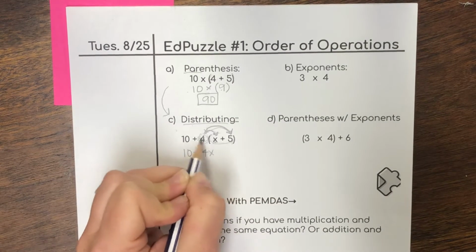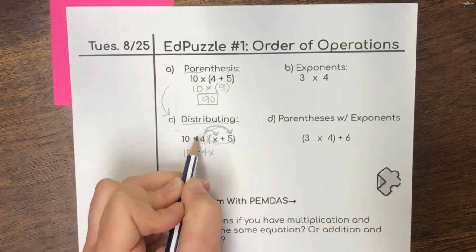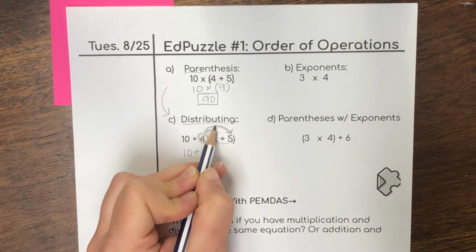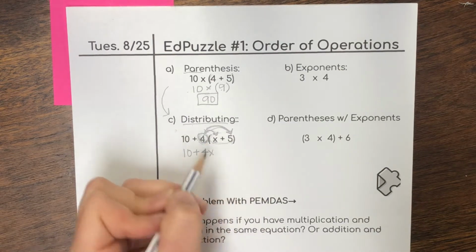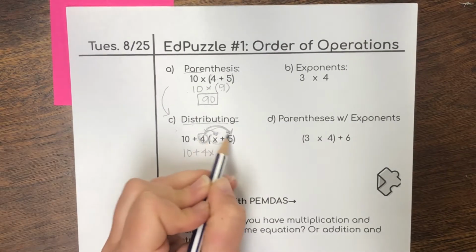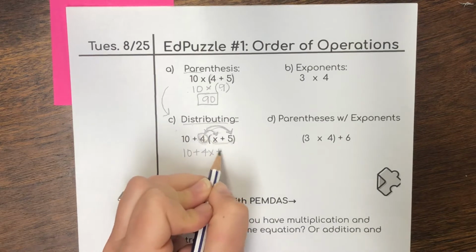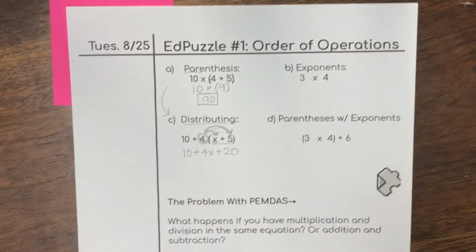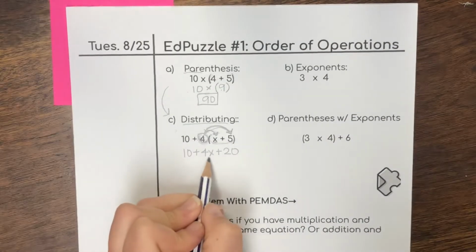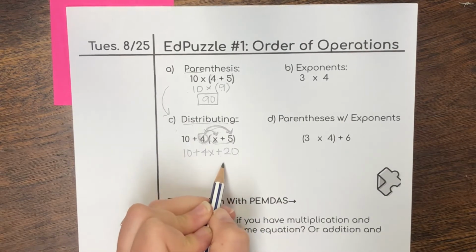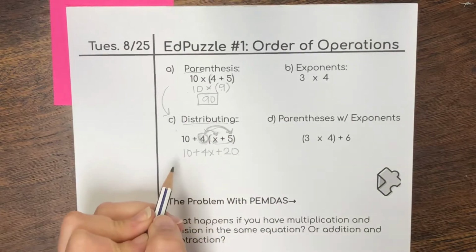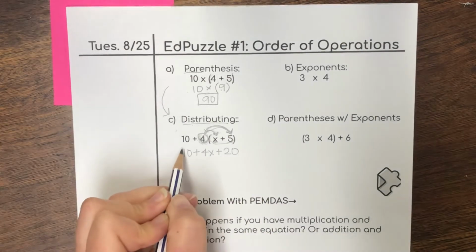It's like saying we have 4 x's. And then we're going to multiply 4 times the second number inside the parentheses. Positive 4 times positive 5 would give us positive 20. Now I still can't combine 4x and 20, but I have addition and addition here, and so I can combine any like terms I have in my expression.